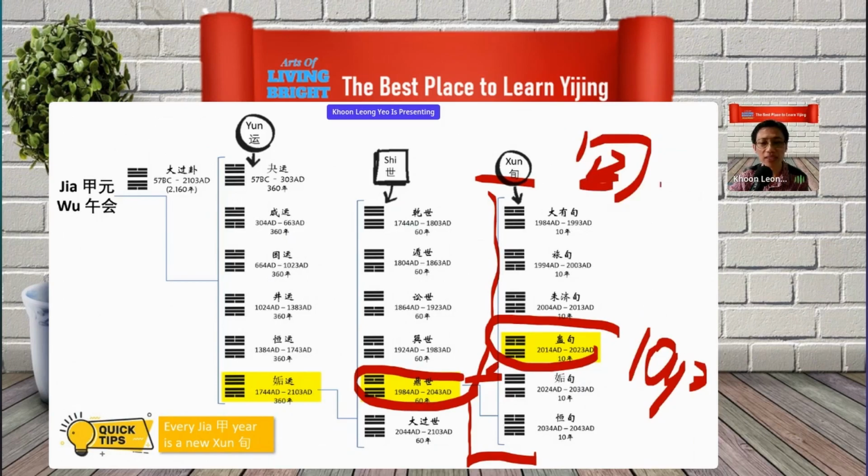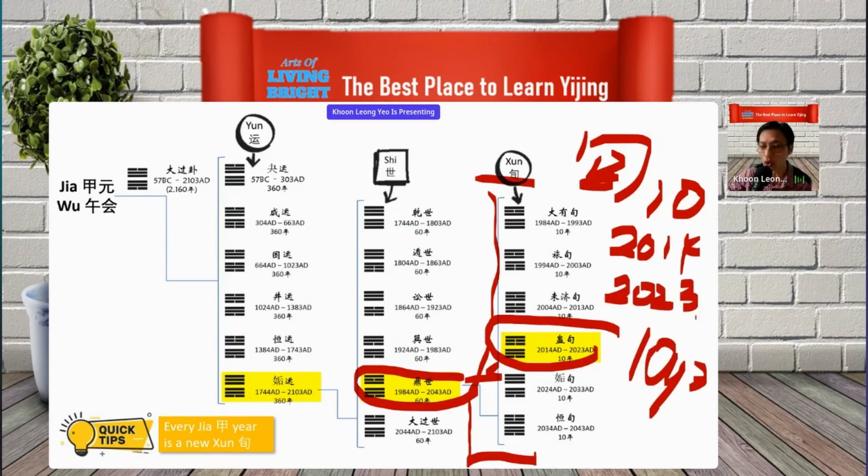Xun basically means 10. So that means this 蛊卦 is going to govern from 2014 all the way to 2023. This year is 2022. Next year is 2023. Once we cross next year into 2024, we will jump to this 未济卦.